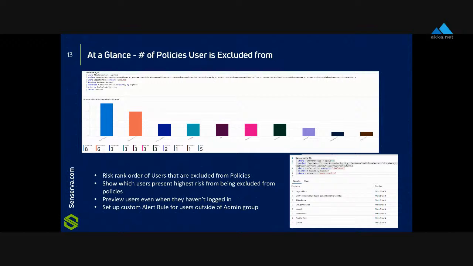And then you can just see the visual there. But if you want to see specifically what policies are not being applied, you can run another query through the workspace. Very cool. Yeah.